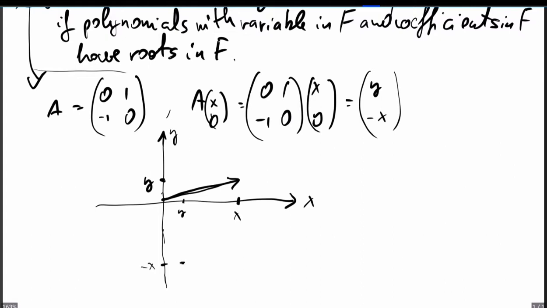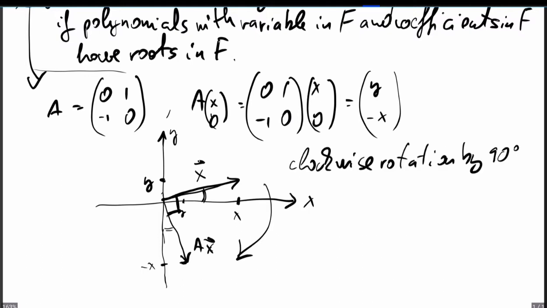That means the new vector, if that was the x vector, then this is the Ax vector. So if this angle was here, this small angle, then this is the same. And that means that the angle between the old vector and the new vector is 90 degrees. So this is actually a clockwise rotation by 90 degrees. It rotates the whole two-dimensional space.